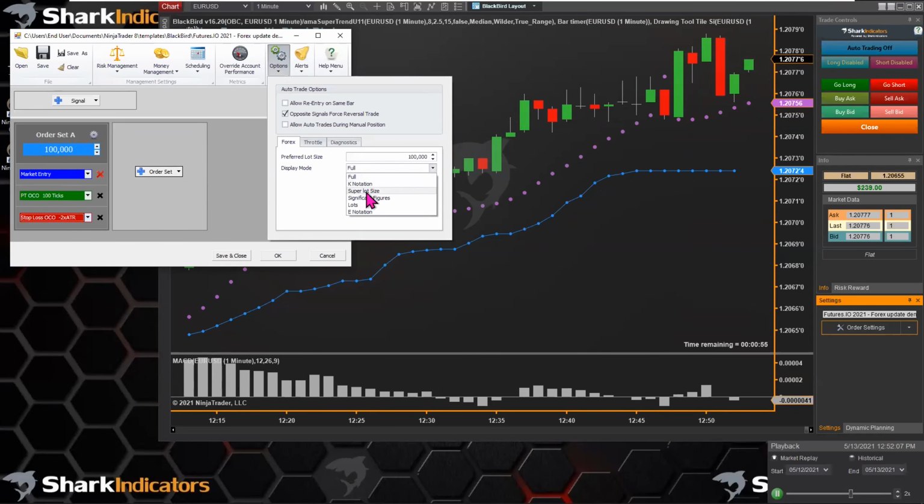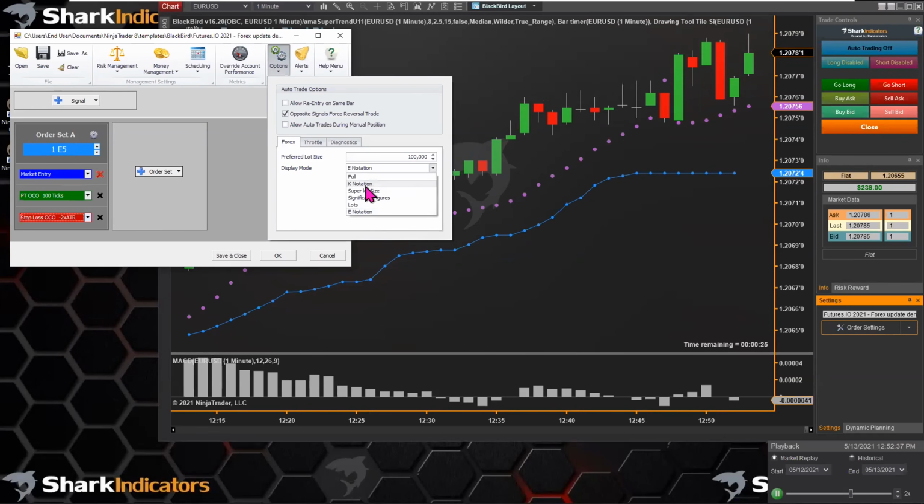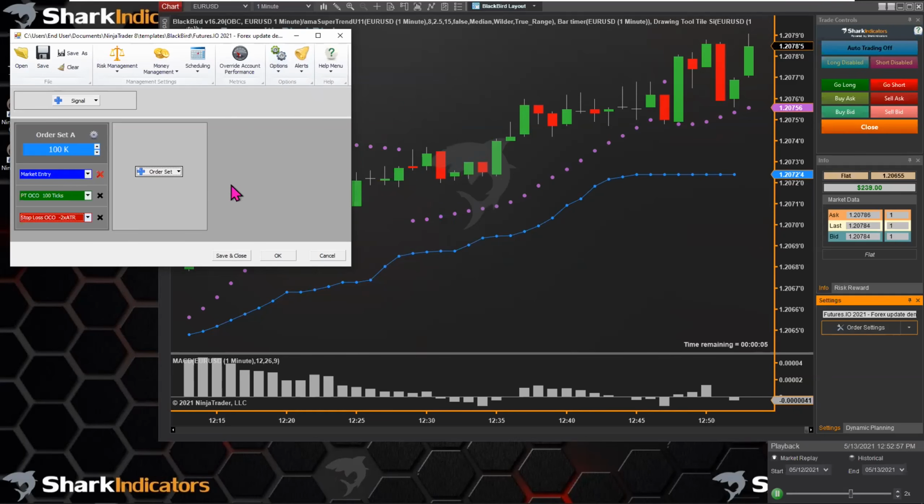There's some superscript. You could put in the word lots instead if you wish. And there's scientific notation as well, if that's how you prefer to see things. So for Forex traders, there are lots of different display capabilities here. I like the K, so I'm going to leave it on the K.